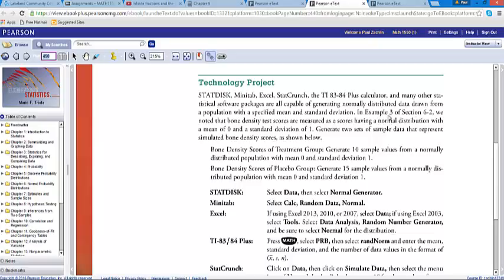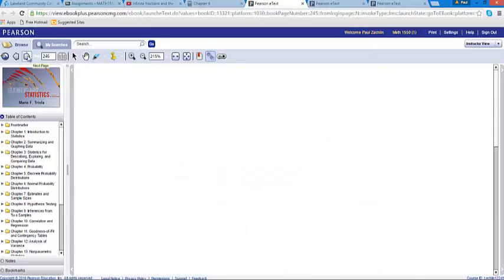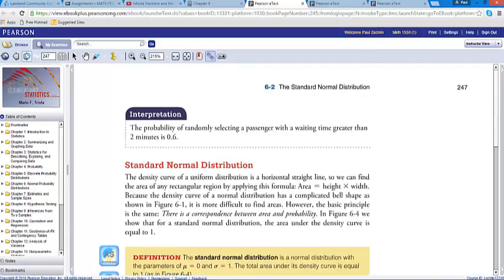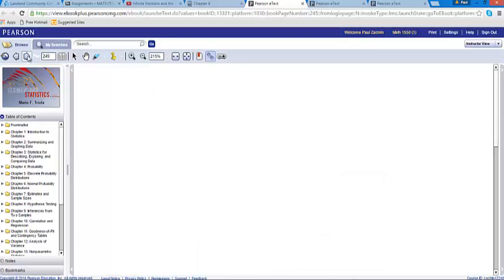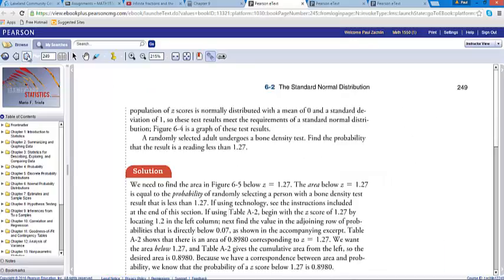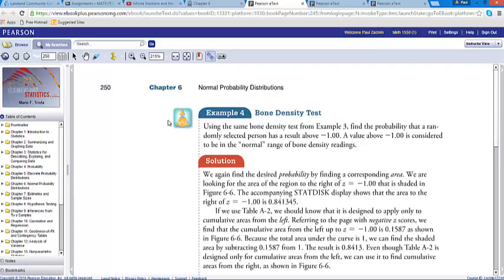But you notice what it says. It says in example 3 of section 6.2, we noted that bone density test scores are measured as z-scores. Yes, z-scores back in chapter 6. I remember studying that. And when the book taught z-scores, they like to mention bone density scores. My mother has had these bone density tests. She suffers from osteoporosis. And when they give you a result of the test, what they actually give you is a z-score.